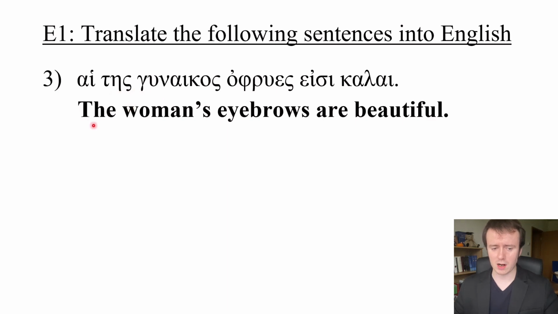So these are in particular the eyebrows of the woman, or in other words, the woman's eyebrows. Eisi means they are, and since hai oprues are in the nominative plural, the eyebrows are the subject of the verb to be. So the woman's eyebrows are beautiful or fine.